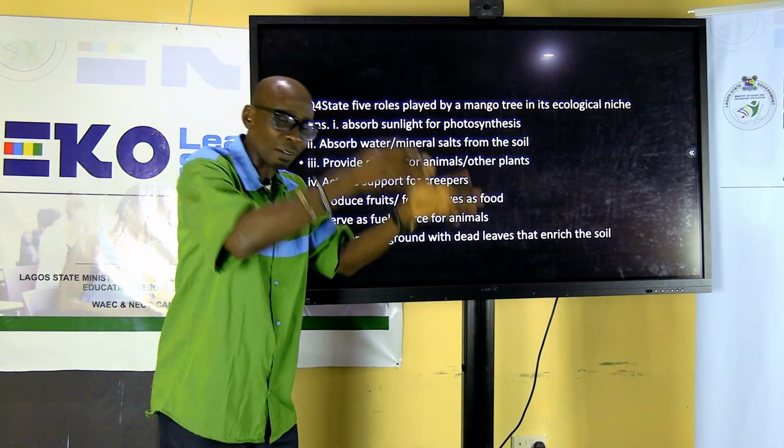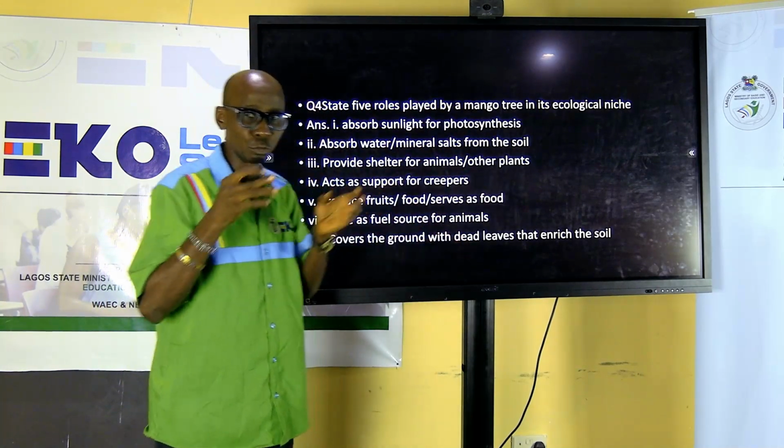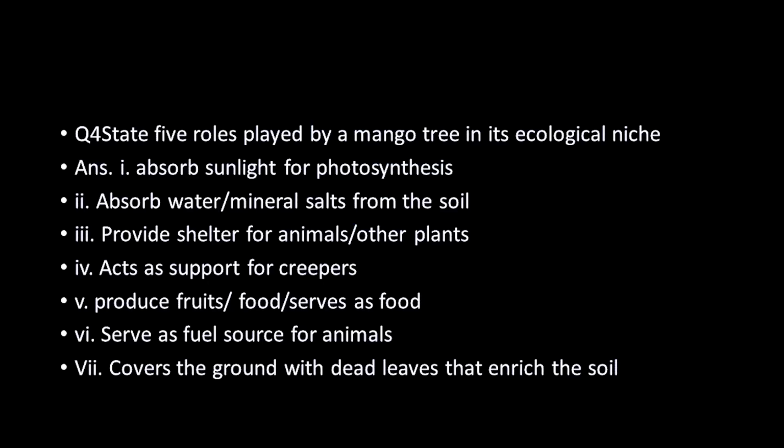Everything a plant does in the environment is what a mango tree will do. The first one is it absorbs sunlight for photosynthesis. That is a major function of plants, to produce food through photosynthesis. The next one is it absorbs water and mineral salt from the soil for its body development and for growth.